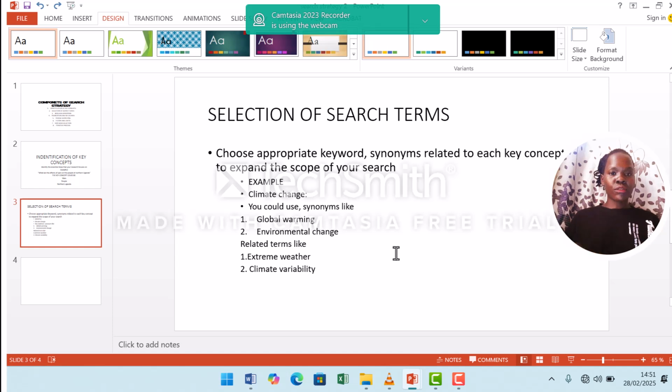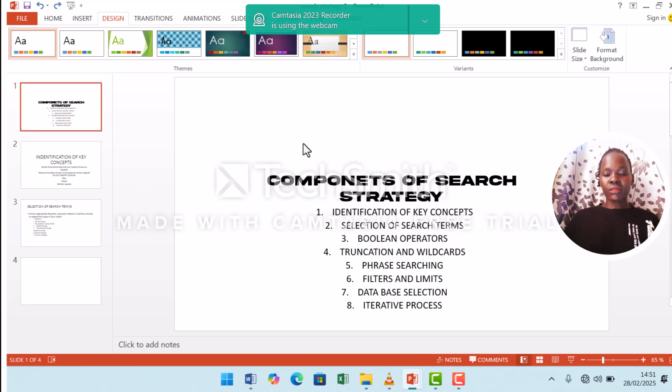So for this video we shall end here, but mark you there are still 6 remaining components of our search strategy. We are done with the identification of key concepts and selection of site terms, meaning we are left with Boolean operators, truncation and wildcards, phrase searching, filters and limits, database selection, then interactive process.